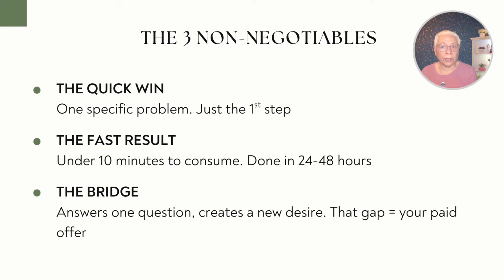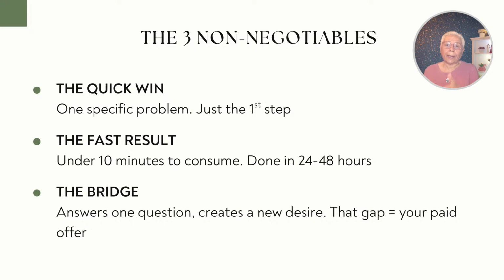Now we have the 3 non-negotiables, and this is the easy button formula. You got a quick win, one specific problem. Don't give them everything, just give them that first step. The fast result: you want them to be able to consume it, read it or watch it in about 10 minutes, and implement it in 24 to 48 hours.